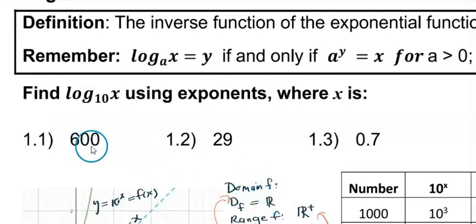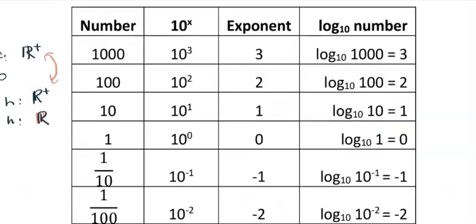I looked at 600, 29 and also 0.7. I did 3 examples. I want you to pause after we've done the 600 and try 29 on your own, and then again pause and do 0.7 and then look at the answers.